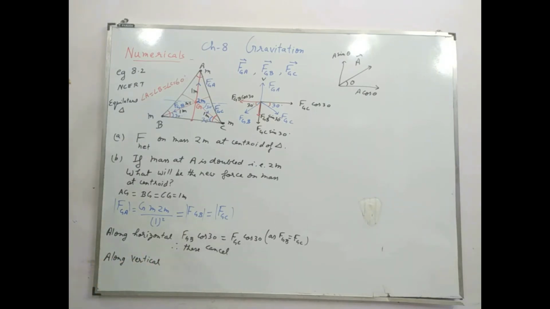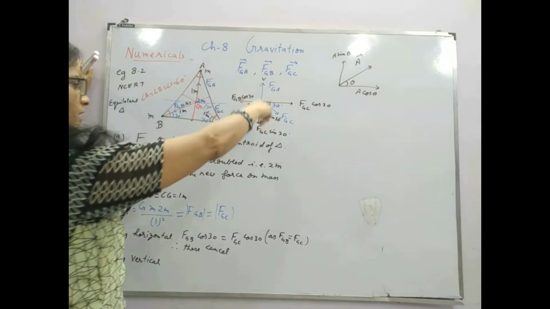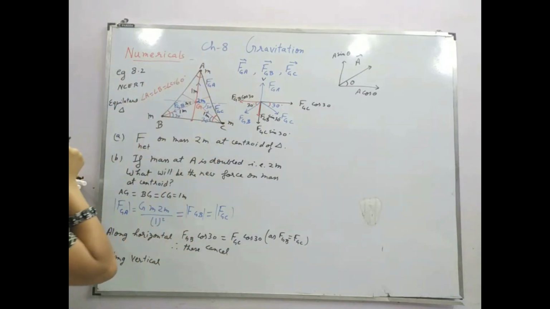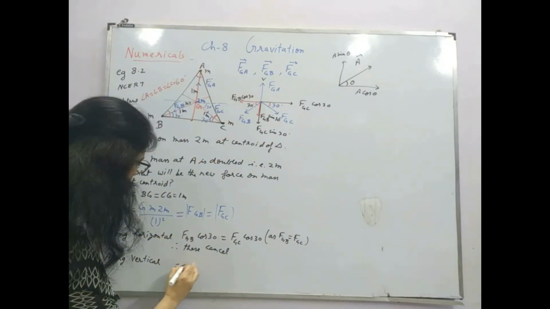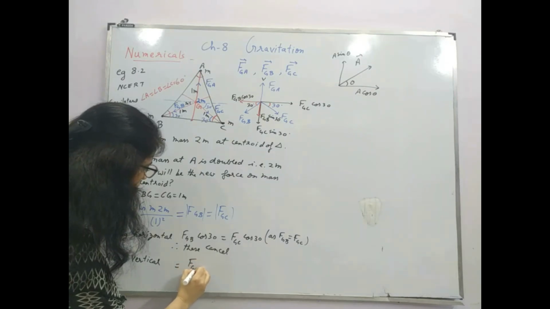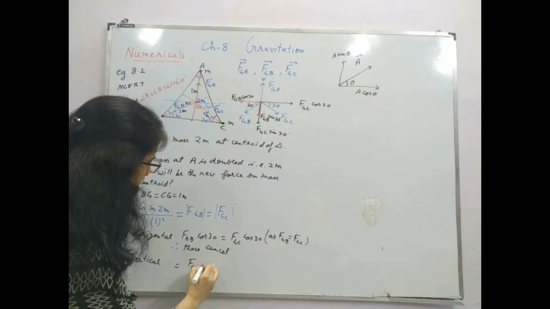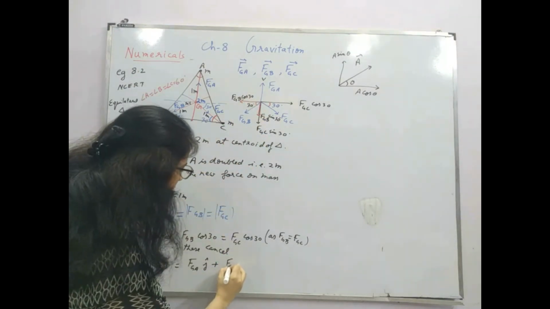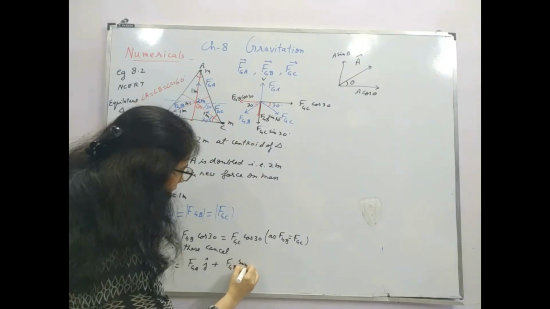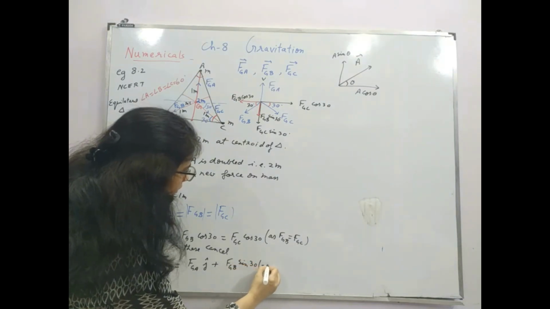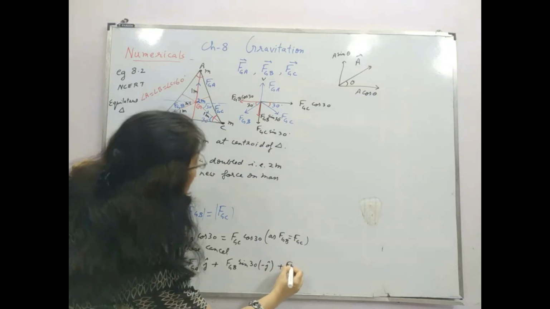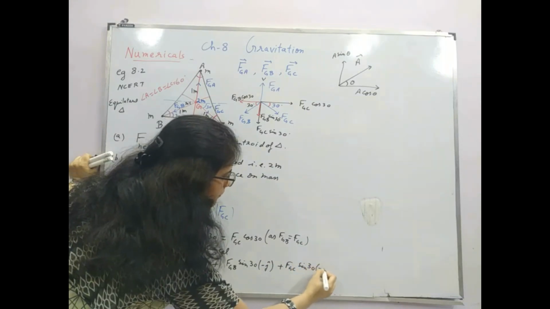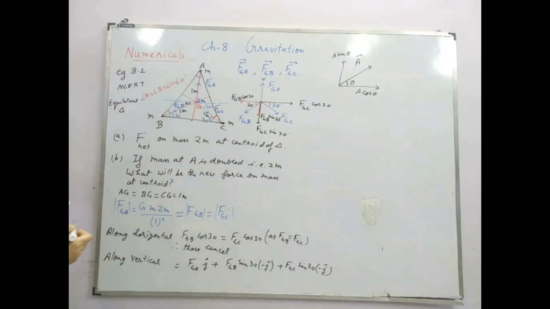Along vertical, let's find out the force. If I say that this one is positive direction, positive y direction, so I can write this force as FGA J cap plus this force FGB sin 30, this is minus J cap plus FGC sin 30 minus J cap, right?